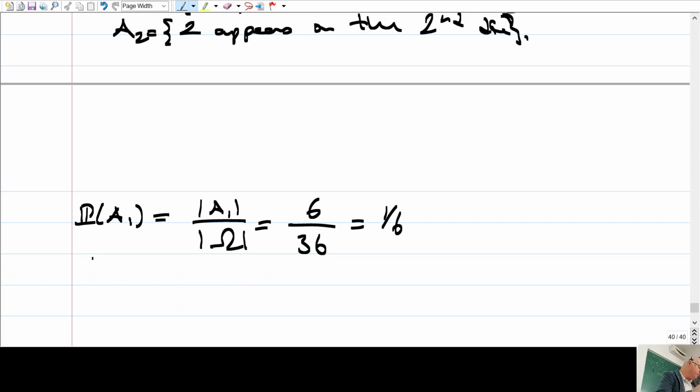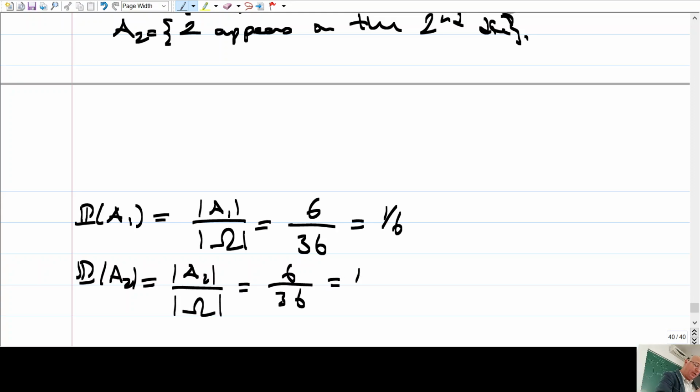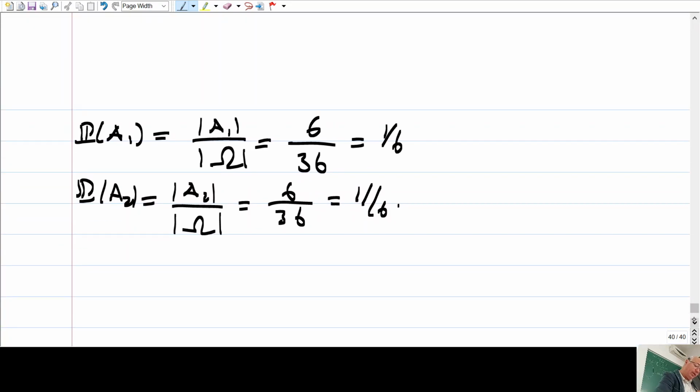And similarly, P(A2) is the same thing, so the probability is again 1 over 6. What about P(A1 intersection A2)? This means the first die will be 1, the second die will be 2. There is only one such pair, which is (1, 2).